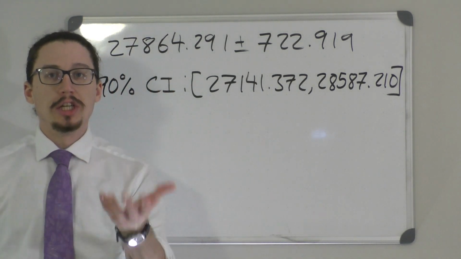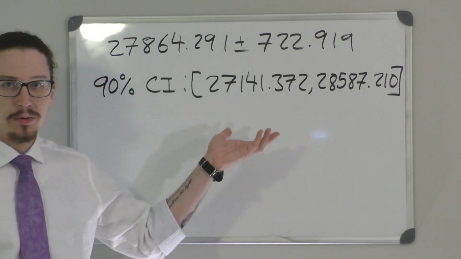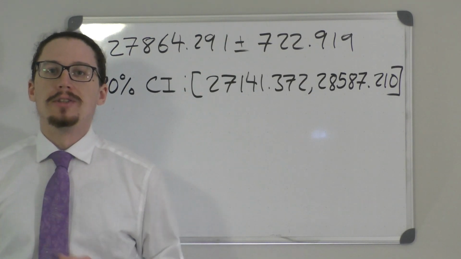And once we get to this point, we're essentially done. If we're just asked to find the confidence interval, we're done once we get to this point.